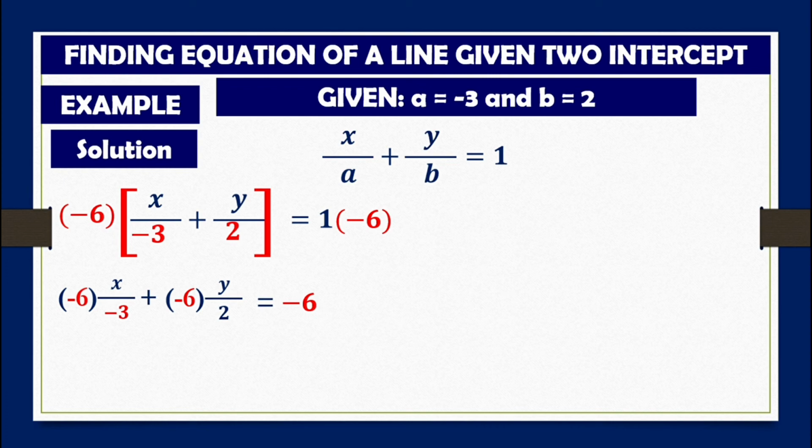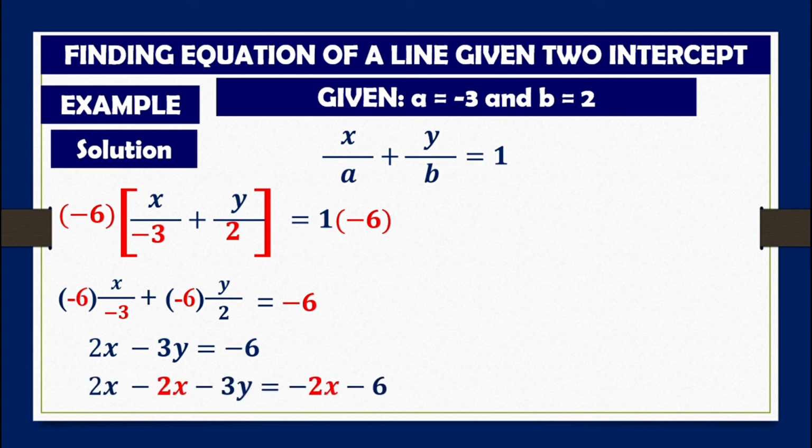Then, negative 6 times x over negative 3, that is 2x, while negative 6 times y halves, that is negative 3y, equals negative 6. So we need to get rid of 2x on the left side using the subtraction property of equality. Eliminating 2x on the left side will lead us to negative 3y equals negative 2x minus 6.